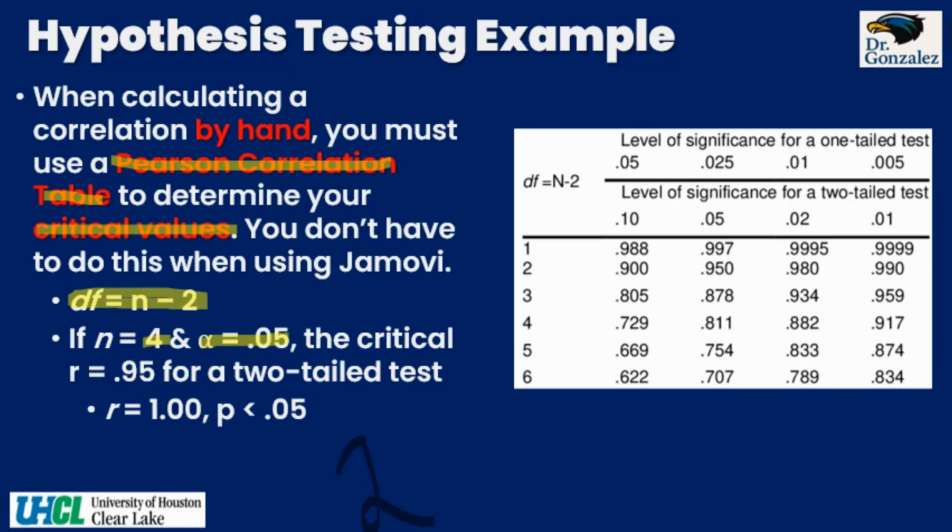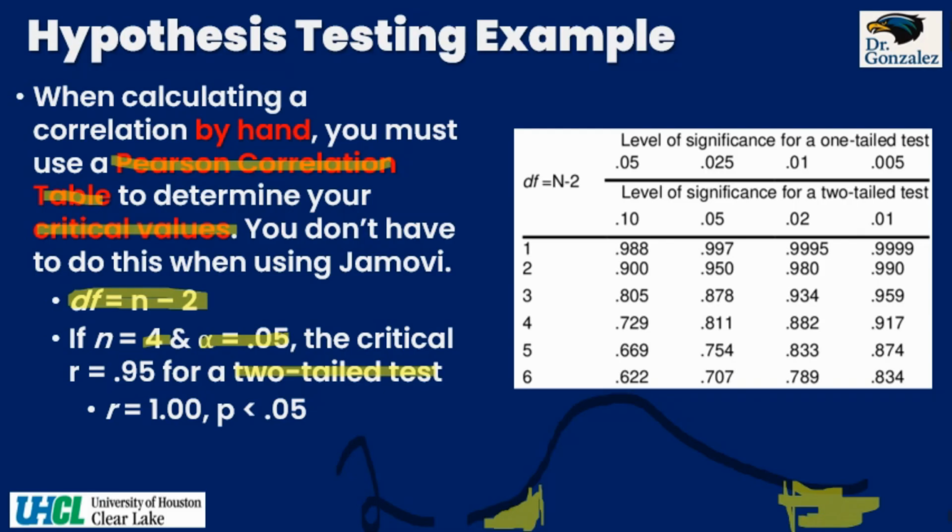The example I'm giving you here is I want to know what the critical value is when N is equal to 4 and I set my alpha level at 0.05 in a two-tailed test. So I'm looking for a statistical significance either on the left negative side or on the right positive side.